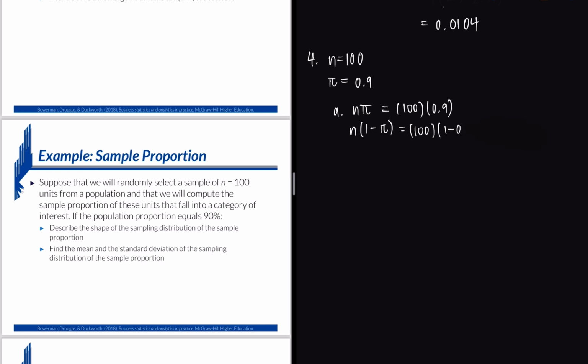So computing for these two equations, we will get 90 and 10, which are both at least 5. And therefore, the sampling distribution of the sample proportion is approximately normal.